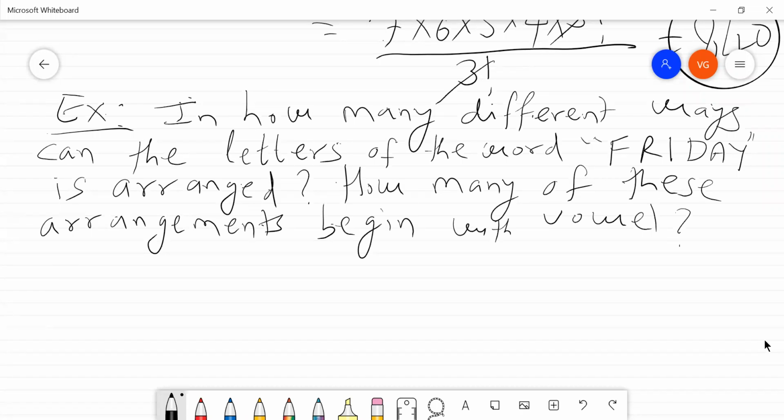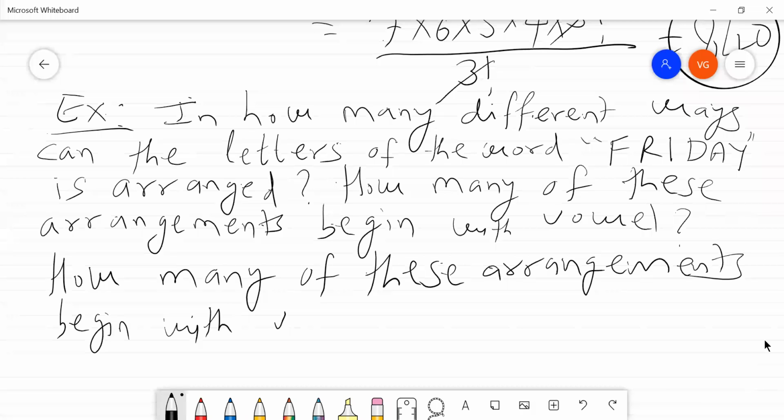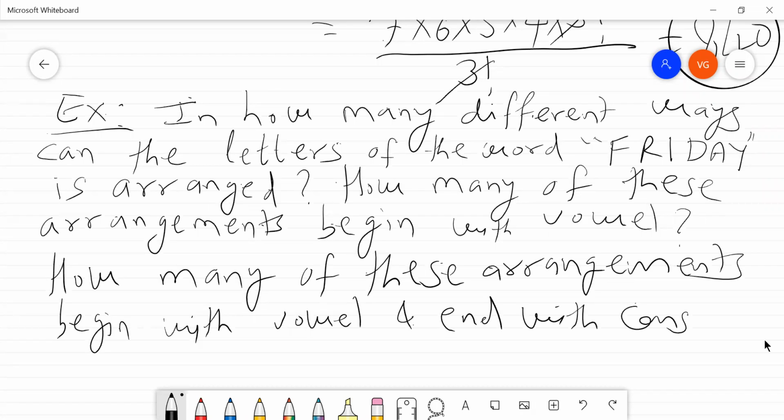Second question: how many of these arrangements begin with a vowel and end with a consonant?